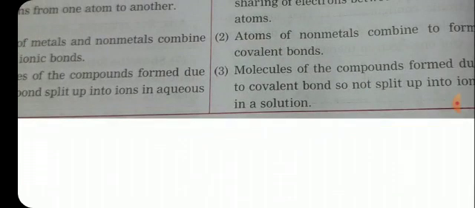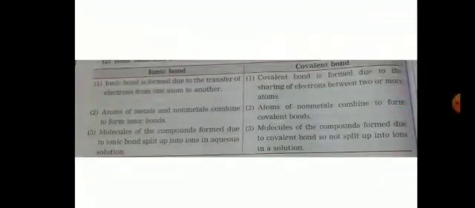But molecules of compound formed due to covalent bond do not split up into ions in aqueous solution. So these are the points of differences between ionic bond and covalent bond. Children, you write down these points of distinction between ionic and covalent bond into your science copy.